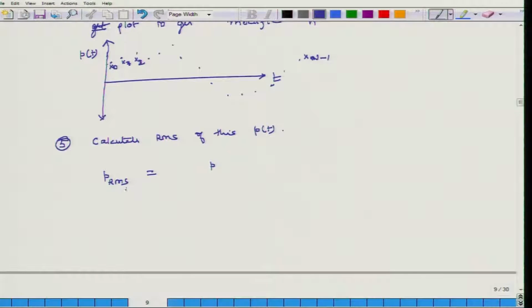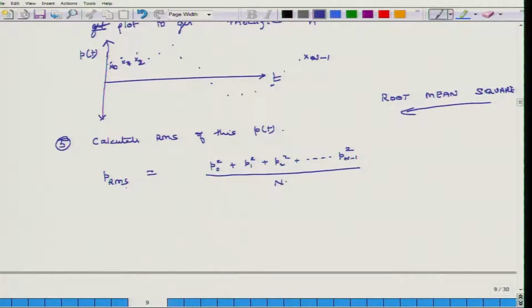So, I do this root mean square, I always go in this direction. So, first I take squares: P0 square plus P1 square plus P2 square up to Pn minus 1 square. Then I take the mean, so I divide by n, and then I take the square root. I get PRMS.